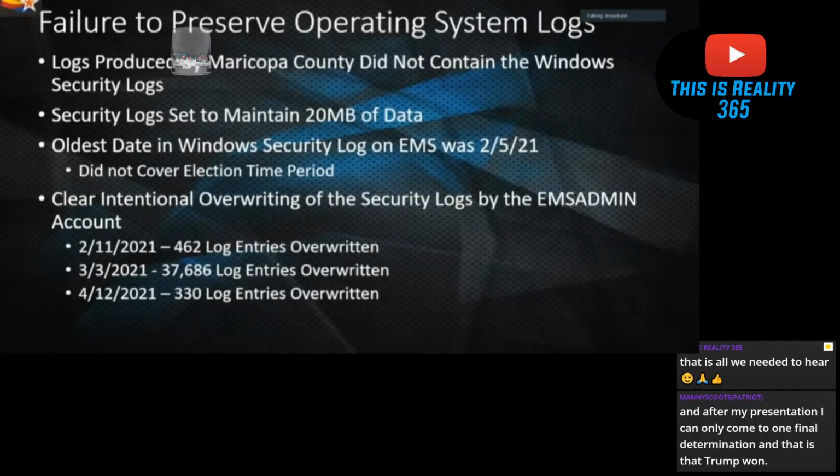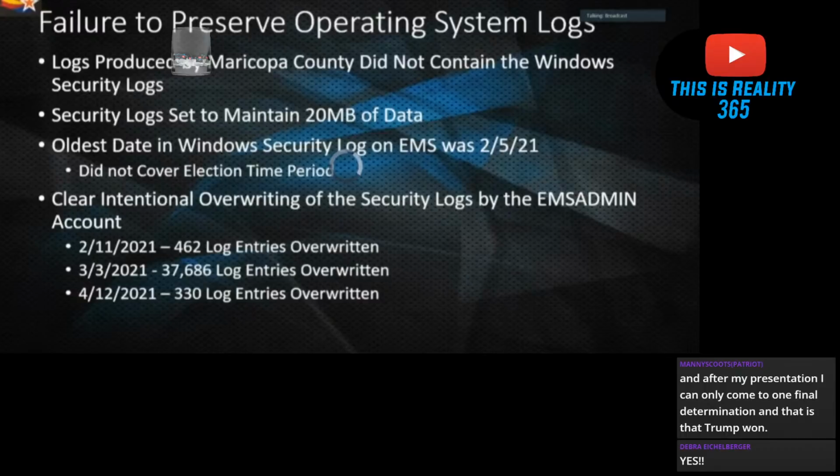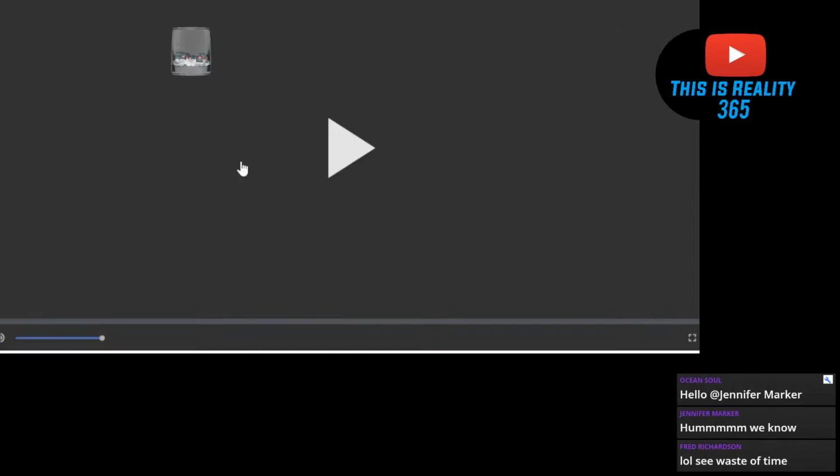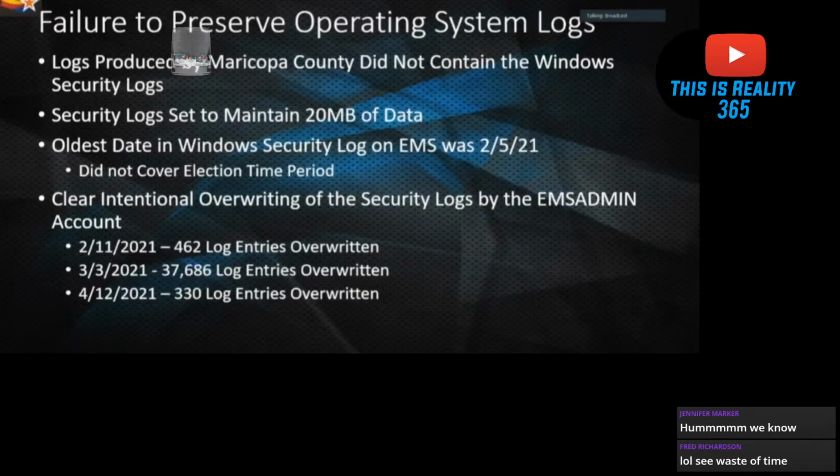As I explained earlier, the earliest time frame that was [..] there's a user-defined setting that you can define how much quantity of logs are retained before they get overwritten.